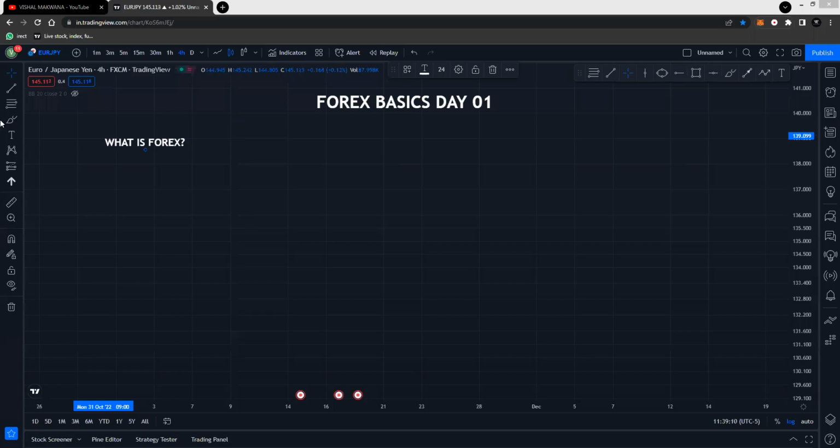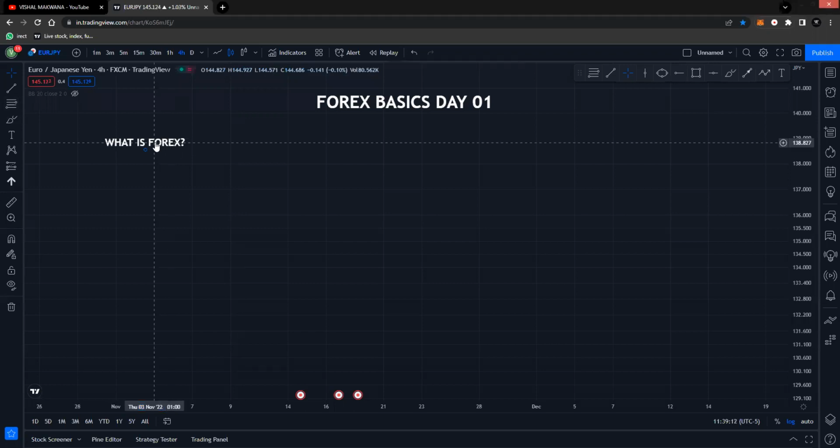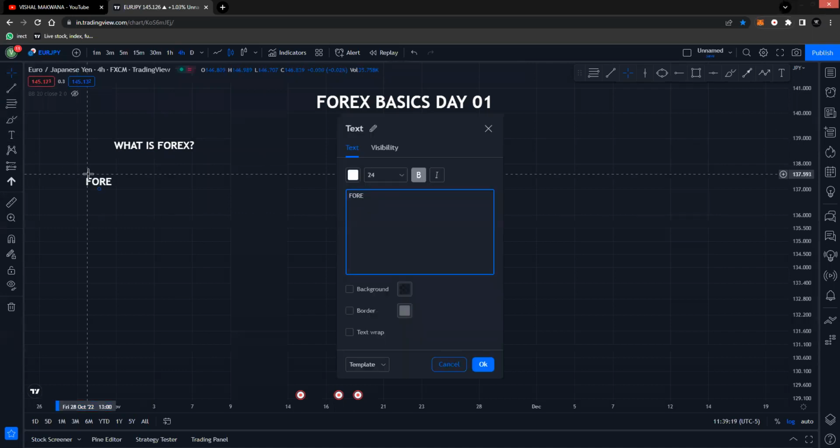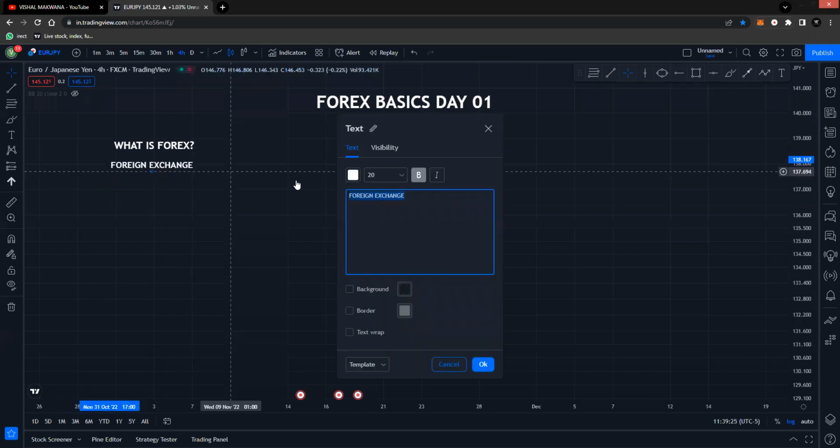All right. So in this session, we are going to learn about what is Forex. Forex simply means foreign exchange, that means exchange of different currencies. Now, there are so many different countries around the globe.